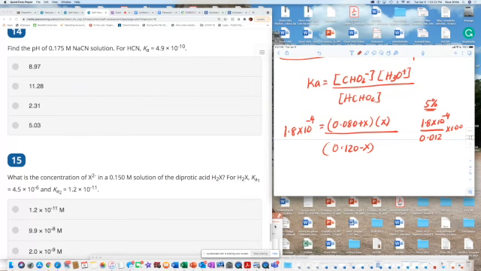1.8 exponent negative 4, divided by 0.12, or 0.012, times 100. Man, 1.5.